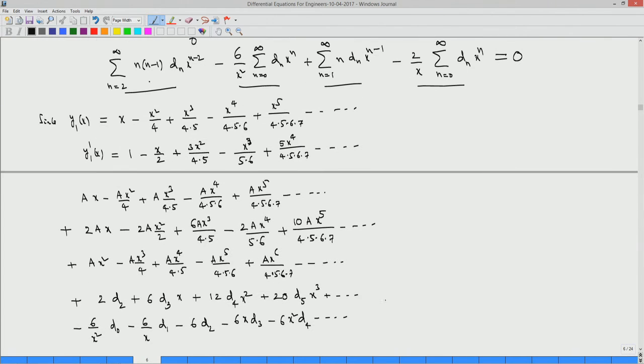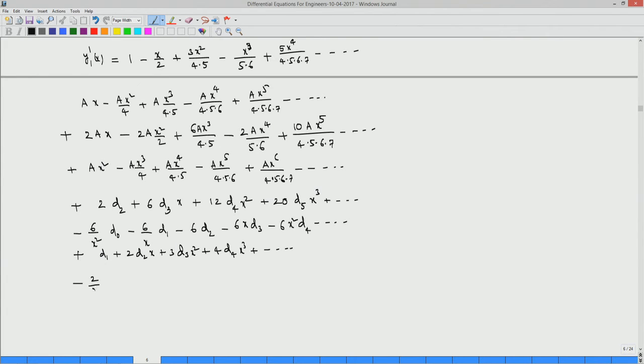Third term, you can see that n equal to 1 gives d1, plus n equal to 2 gives 2d2 x, plus 3d3 x square, plus 4d4 x cube and so on. Finally, the last term, minus 2 by x d0, minus 2 by x d1 x, so that x and x go.